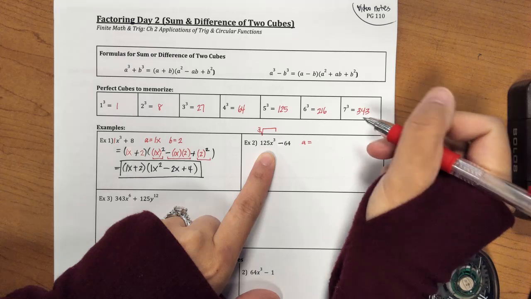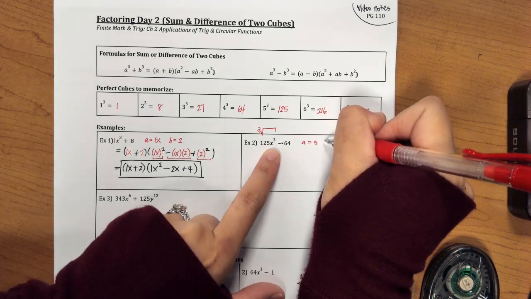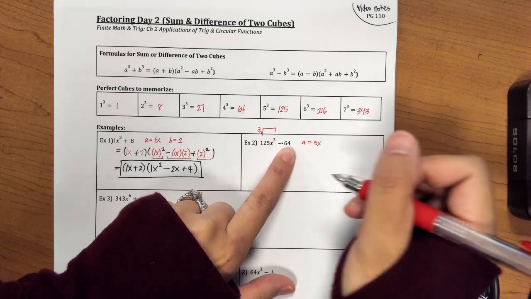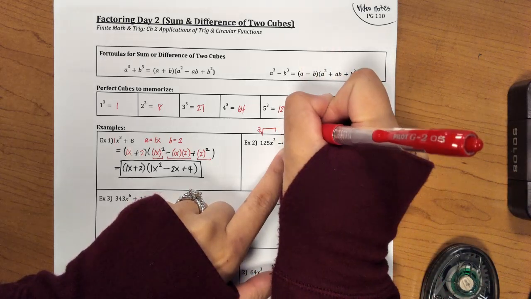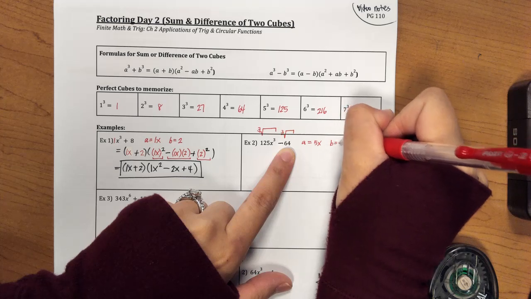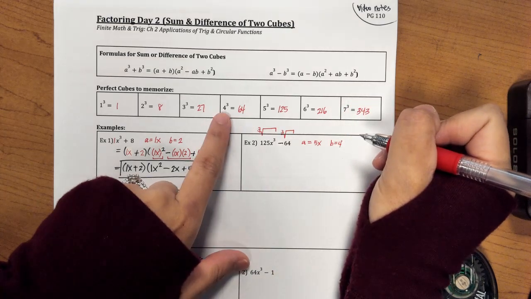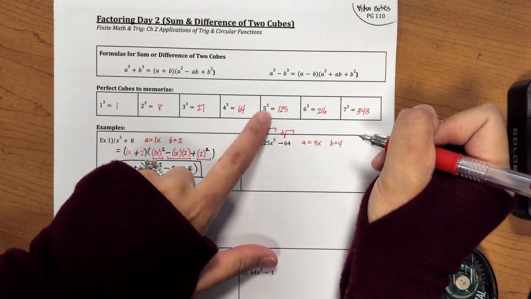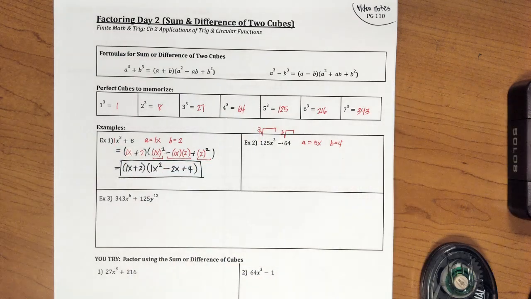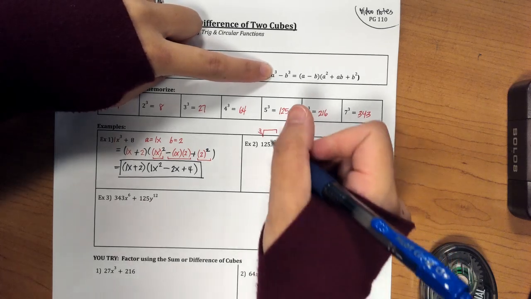The cube root of 125 is 5, and the cube root of x to the third is x. The cube root of 64 is 4. So we're going backwards, and here's the number we have. 64 becomes 4, 125, cube root is 5. We're going to do the same thing, but this time we'll use this formula with the signs being opposite.